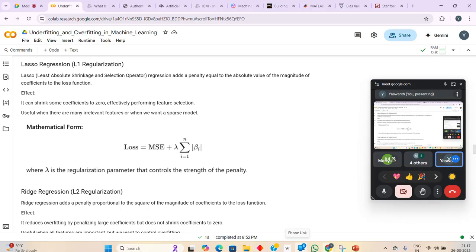So now what I need is responses from your side, one by one or anyone. Tell me correctly. As of now, with the regularization concept, especially underfitting and overfitting, is anybody confused or not? If confused, I would like to show you a real quick example. If not, I will continue. I need your responses.